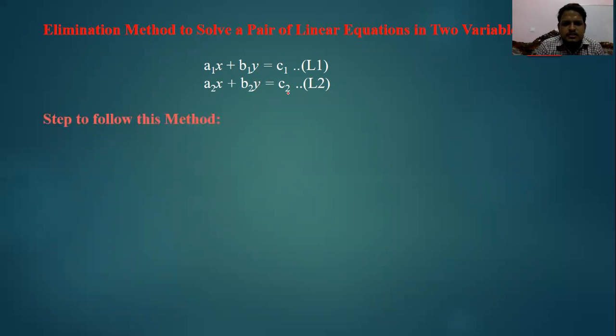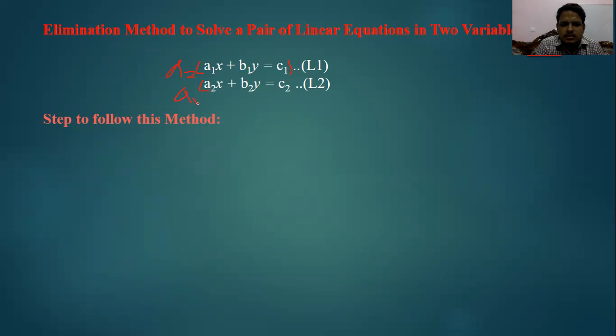So step one is that we have to multiply a certain non-zero number to L1 as well as to L2, so the coefficient of either x or y will become equal. Suppose we multiply this equation L1 by a2 and we multiply the equation L2 by a1.